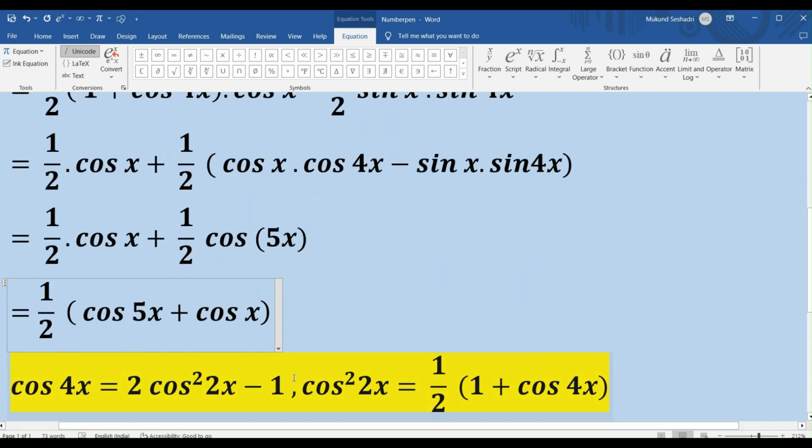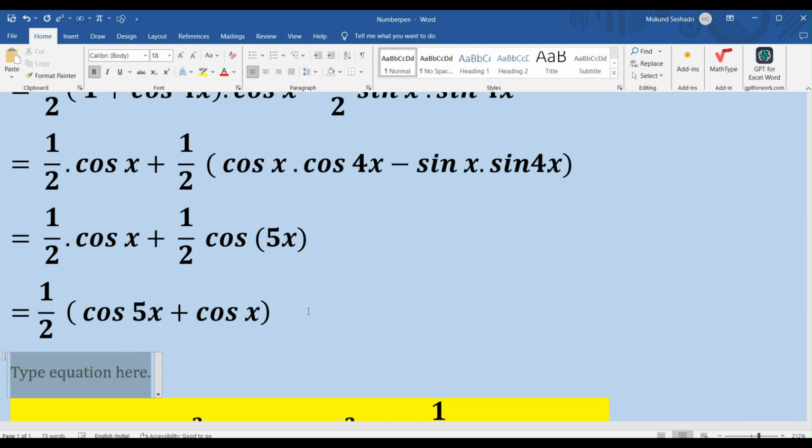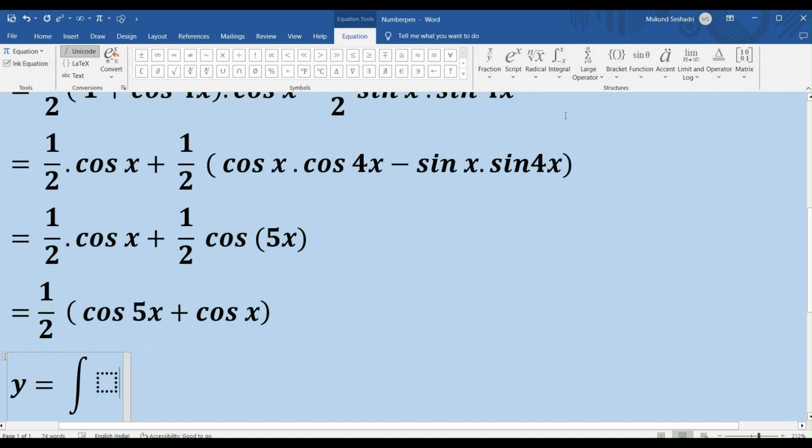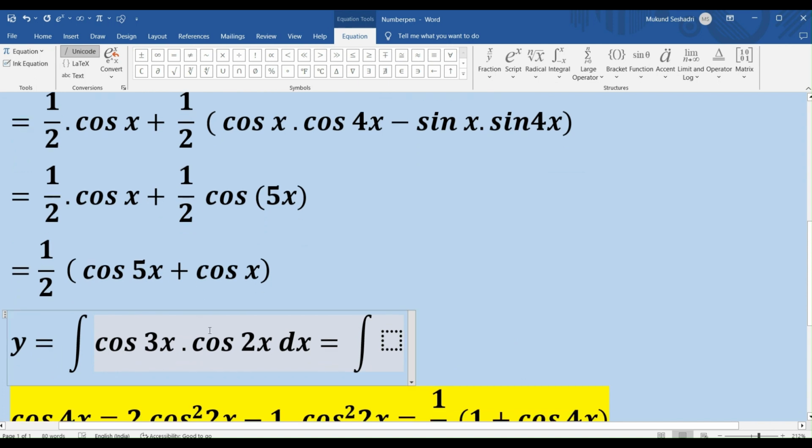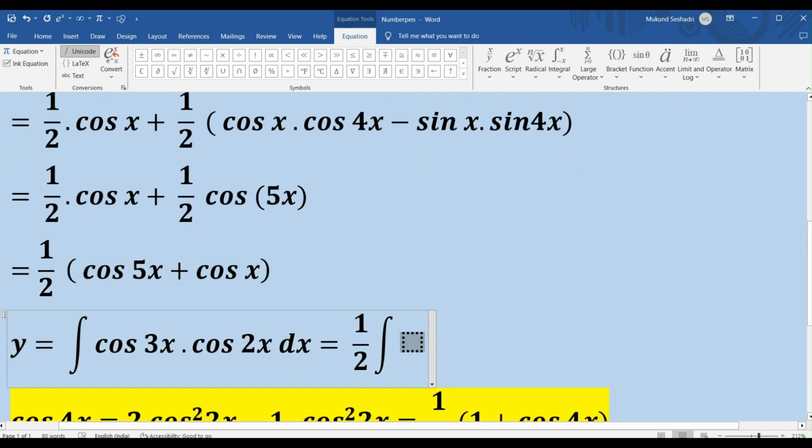Now I can re-express my y, which was originally the integral of cos 3x cos 2x dx, as nothing but the integral of, and I'm going to pull out the half, I have integral of cos of 5x plus cos of x dx, right?